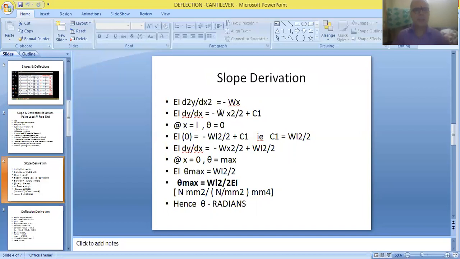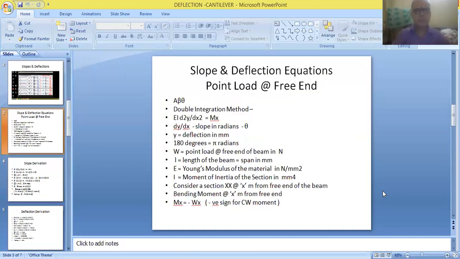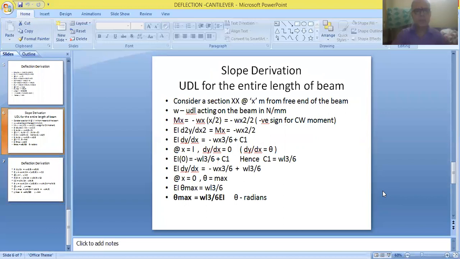So friends, I have already told you it is taken as wx. This UDL is acting for a distance of x. We are considering a section xx at x from the free end of the beam.